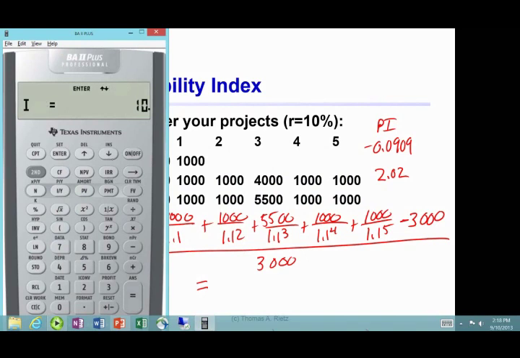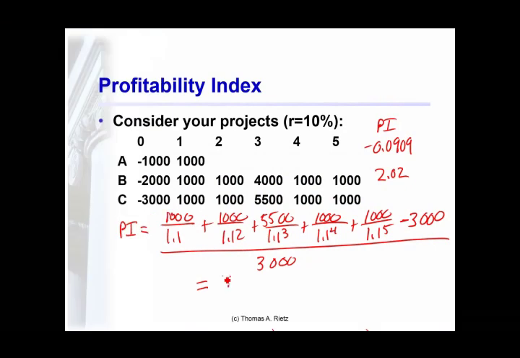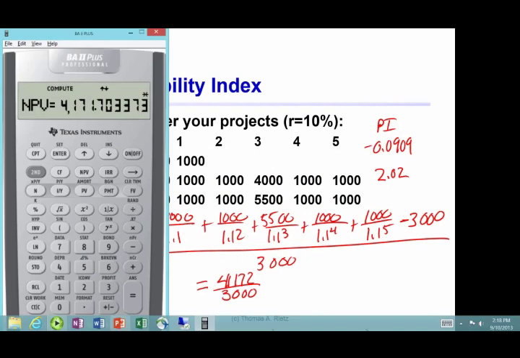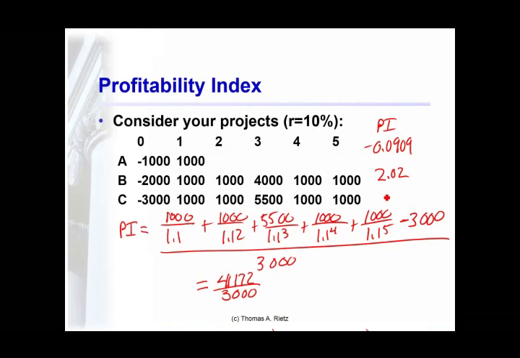Net present value, interest rate 10%, compute, 4,172. Now notice, because you're dividing by a much larger number, this will actually give a smaller profitability index than B. Divide by 3,000, 1.39. So the profitability index rule would say B and C are both good projects. If we have to choose one, B is better than C.